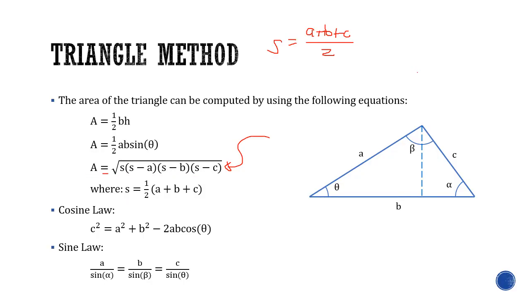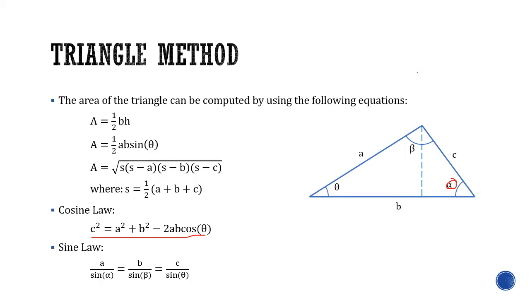Next na i-utilize natin is the cosine law and the sine law. Cosine law, ito yung format niya. Kunyari gagamitin mo yung alpha. Last time pinag-usapan na rin natin itong cosine law.